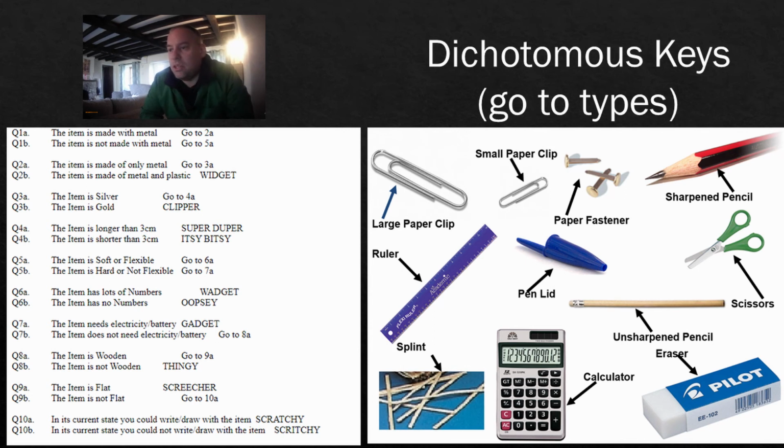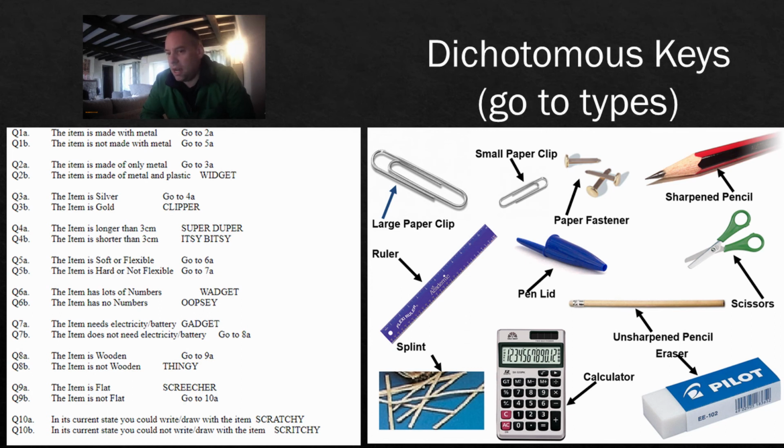So what I'd like you to do is to each of the objects, and you just need to, again, write down on a piece of paper or to put it onto OneNote, large paperclip equals super duper. Then you're going to do a small paperclip equals something else, paper fastener equals something else, and so see if you can work out what the names according to my new language is. Now, again, I'm going to count down to 5.